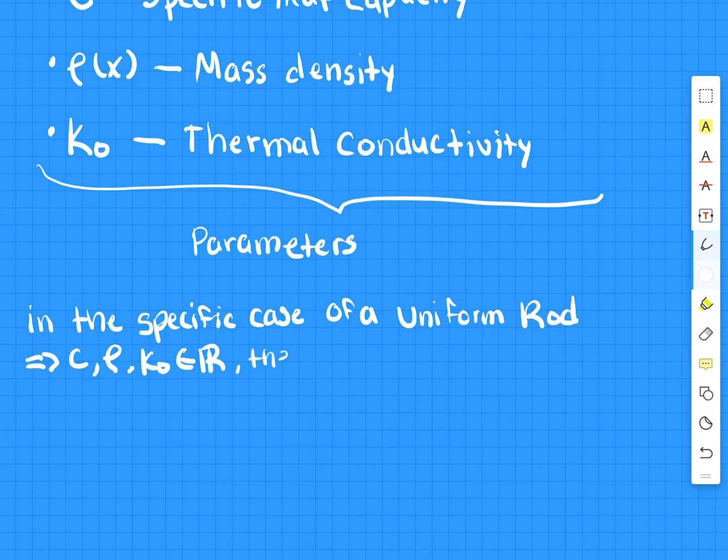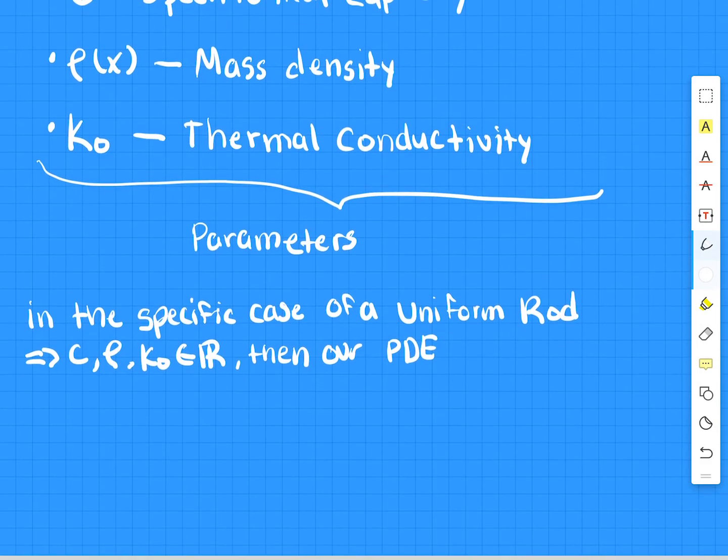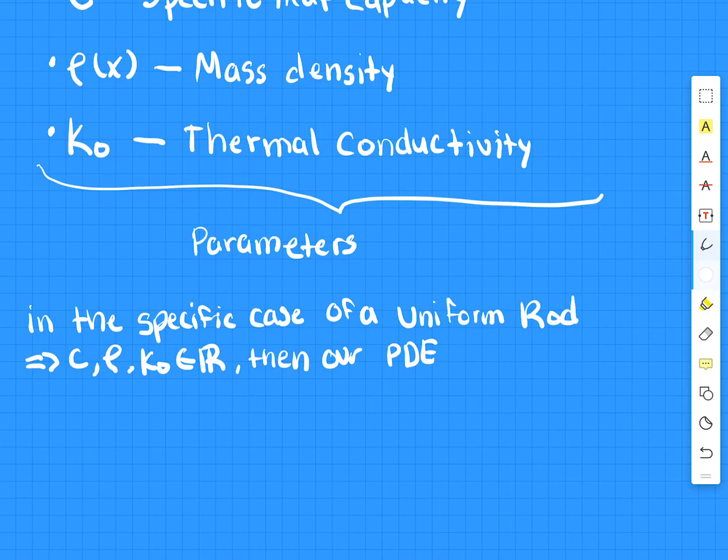Then our PDE will look something like this. And again, we're also saying that there is no external heat source. It's just a rod by itself. We just want to model the temperature throughout the length of the rod, and again, as it evolves through time.